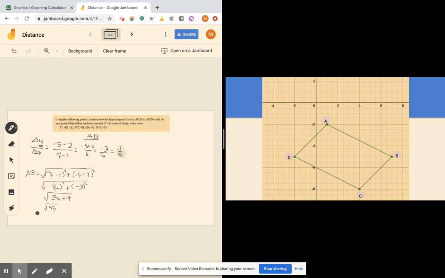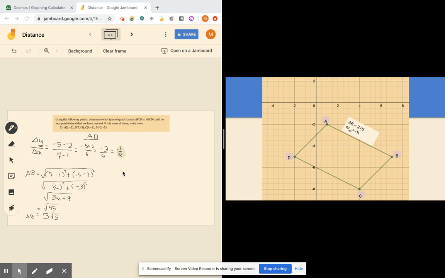If we simplify that down, the square root of 45 gives us 3 square root 5. So AB is equal to 3 square root 5. Okay, so we know the slope and the length for AB. Here it is: AB is 3 square root 5, and the slope, remember lowercase m is the symbol we use for slope, is negative 1/2.